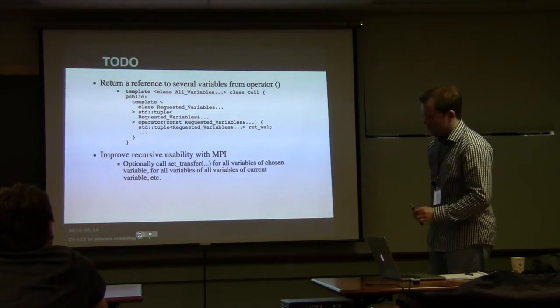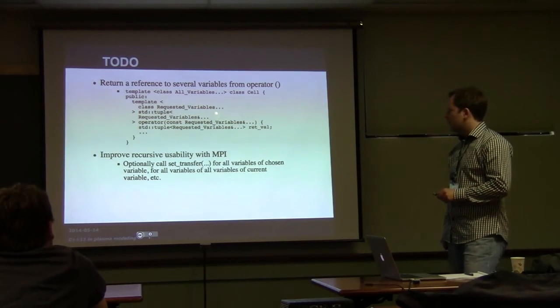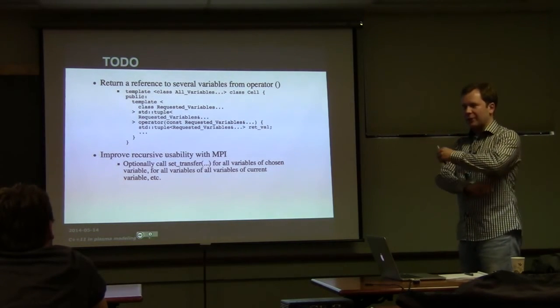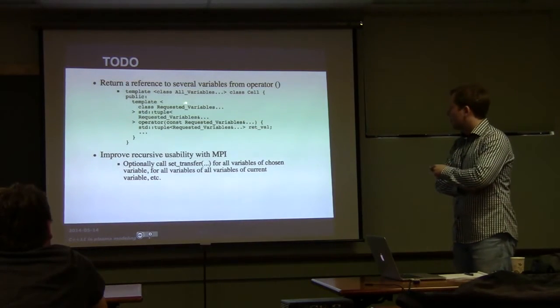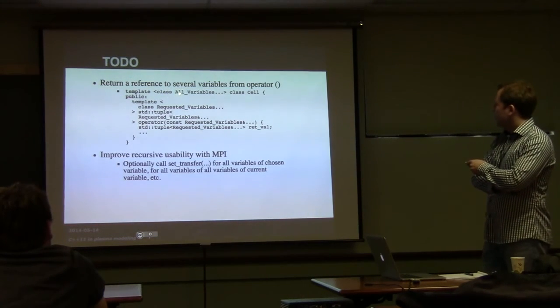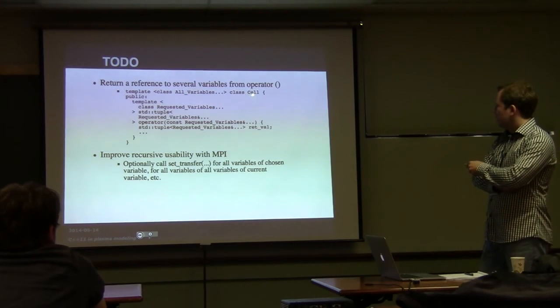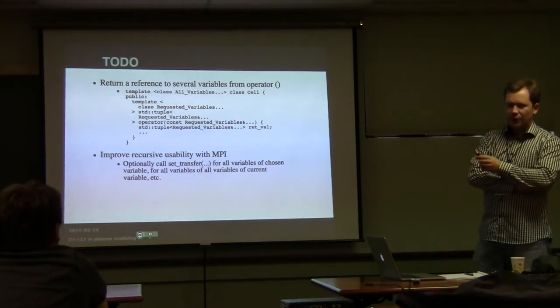And so some things that I'd still like to add. This seems a bit tricky. Previously I had the bracket operator to return a reference to one cell or one variable's data. So what would be nice would be if a user could give several variables, and then the operator would return a reference to all of them.